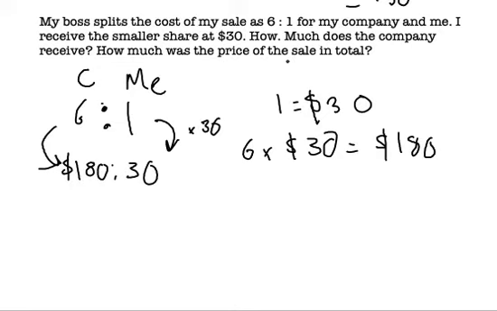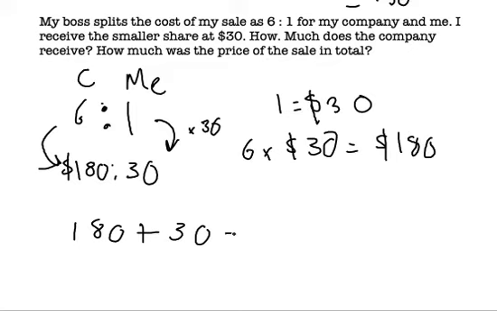Now, how much was the price of the sale in total? Remember that this ratio was how the cost of the sale was split up, yeah, how the price was split up. So that means if I add these two numbers together, that's going to get me back to the total cost of the sale.